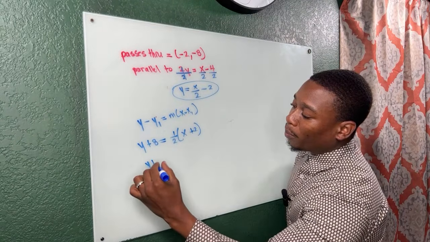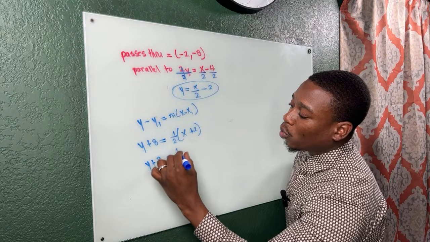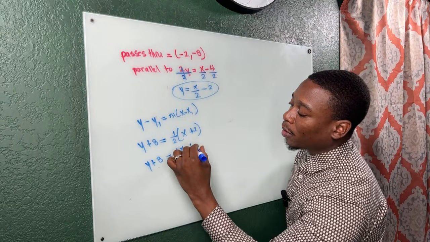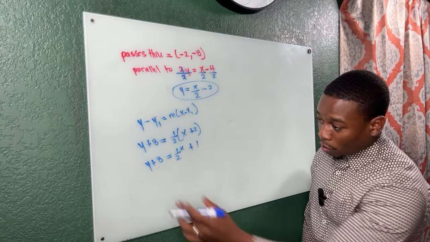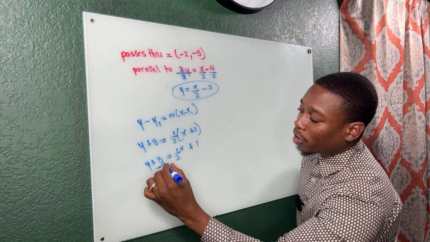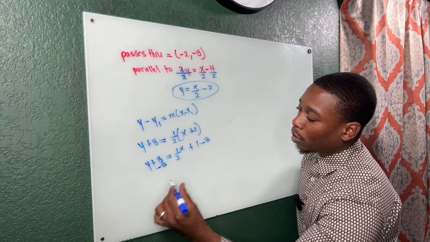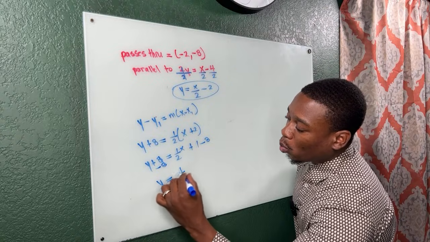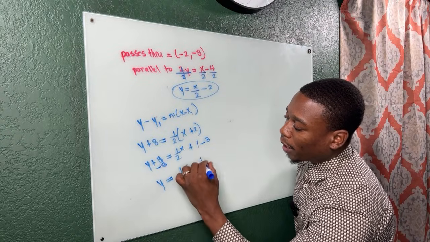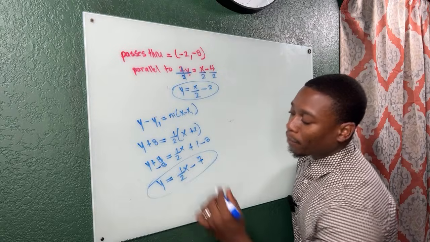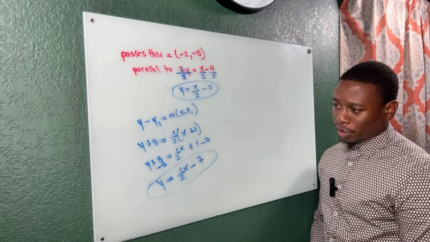So now we have y plus 8 is equal to 1/2 x plus 1. Y is still not by itself, so I'm going to subtract 8. Y is equal to 1/2 x minus 7. So that would be my equation.